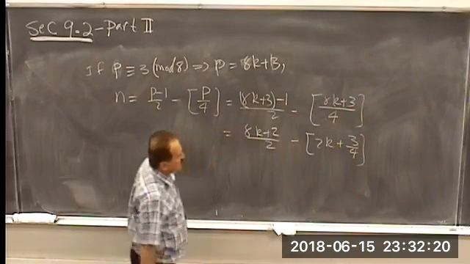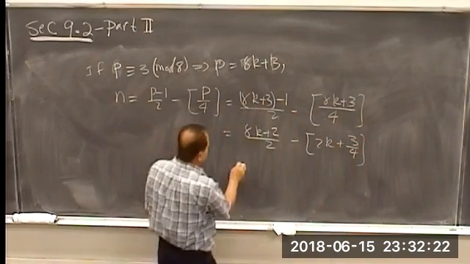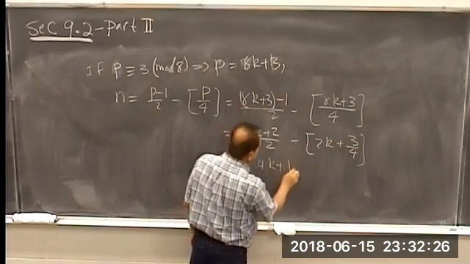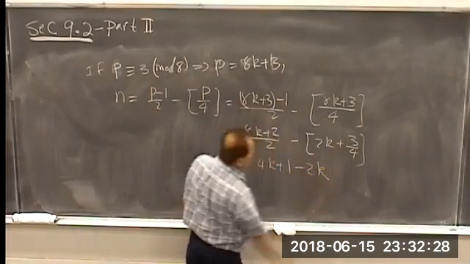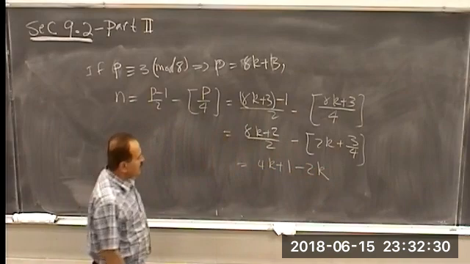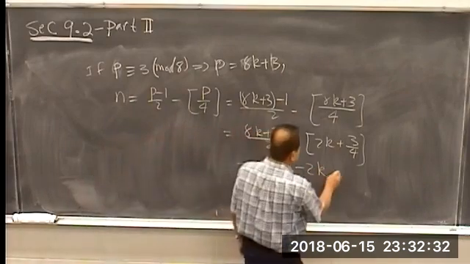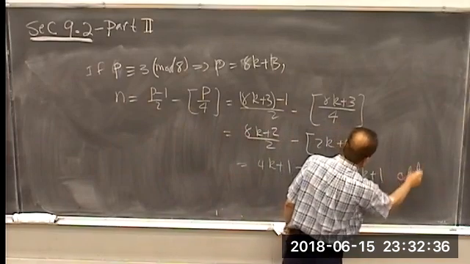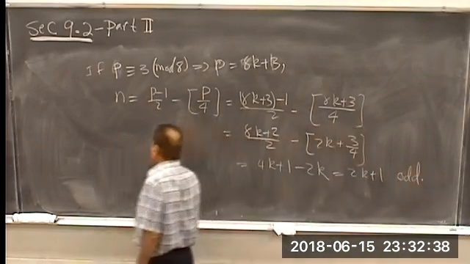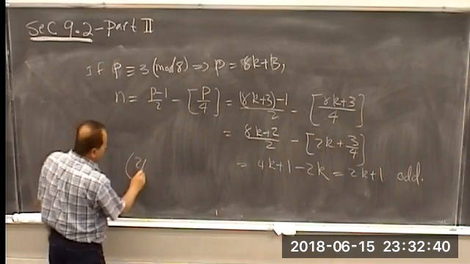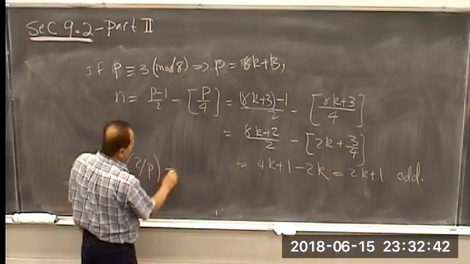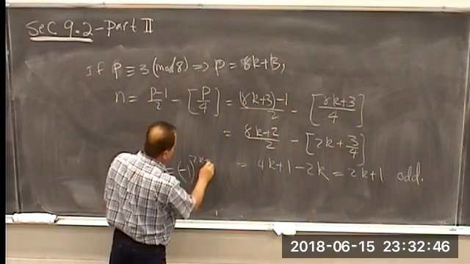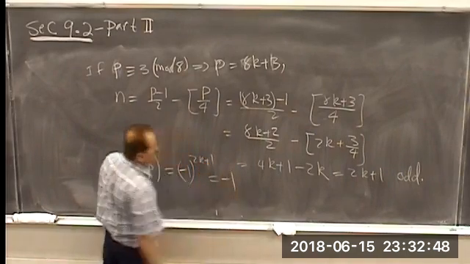And the 3/4 is less than 1, so this means, again, we're going to come up with 4k plus 1 minus 2k. All right, and this is going to be 2k plus 1, which is odd. So then the Legendre symbol for this case is going to be (-1) to the 2k plus 1, and this is minus 1.